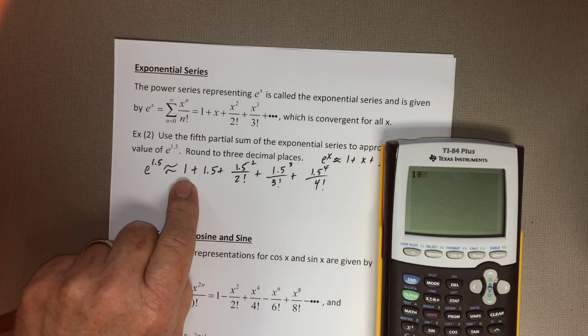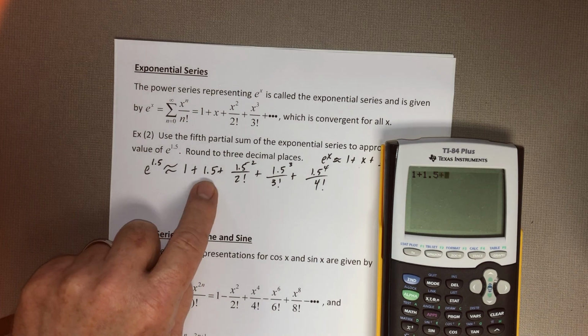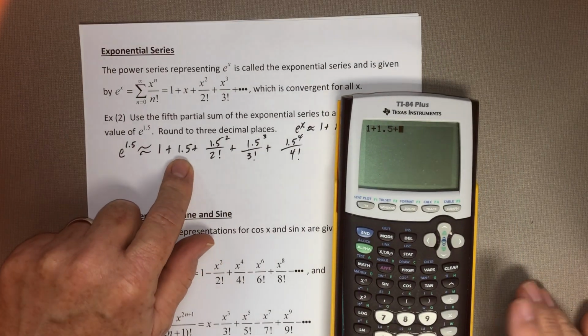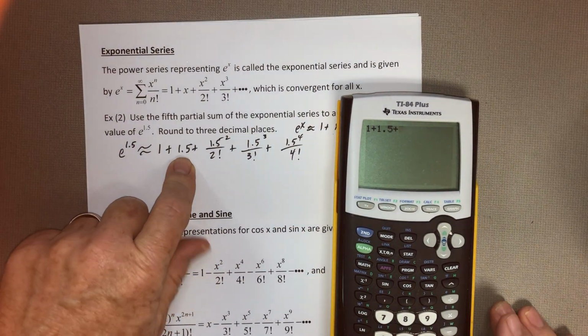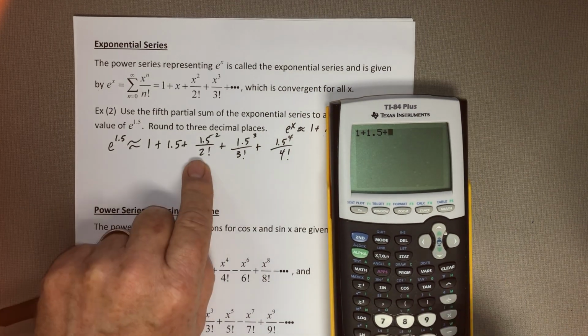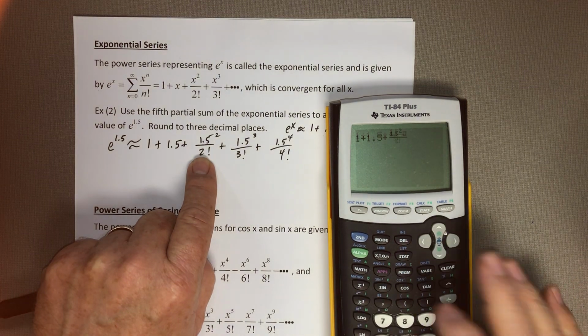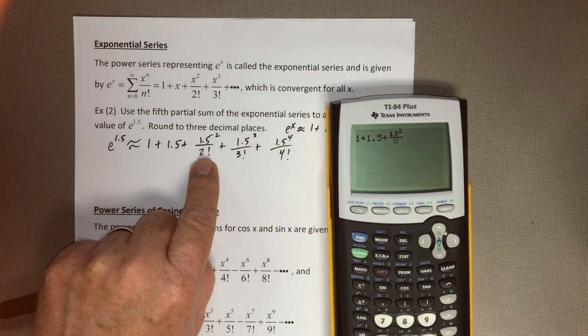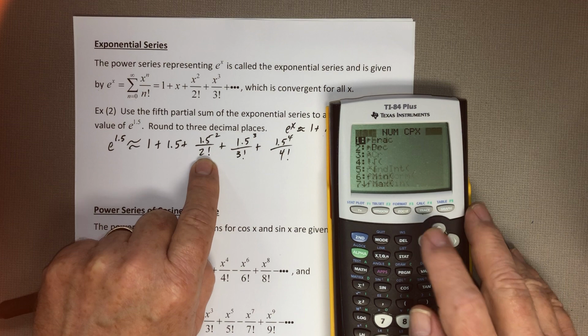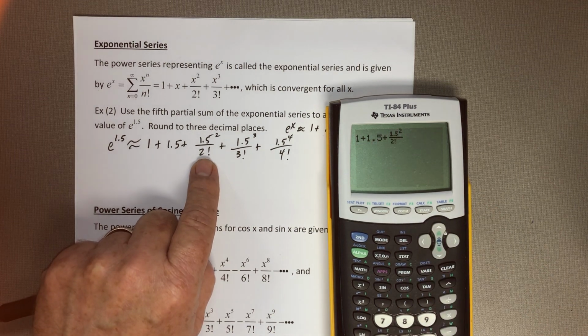So 1 plus 1.5 plus, can you see that? Yes, you can see it. We get a fraction, alpha y1, 1.5 squared for the numerator, and 2 then the factorial button, math, probability, 4 is your factorial.